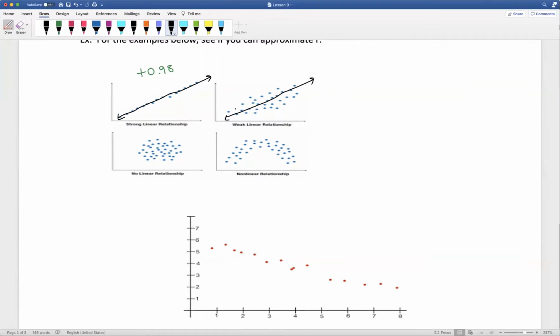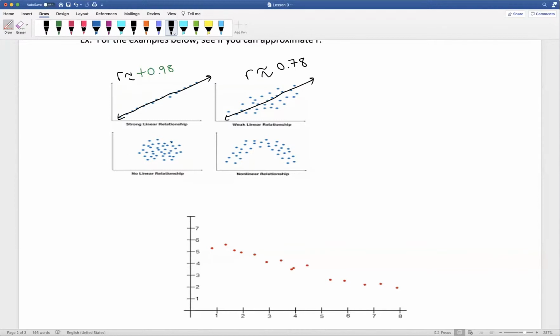Because you can see that the cloud-like structure is going up and to the right, so it's a positive slope. But, and this is approximately equal to, it's not as strong as the one before it. We would say that this has a linear relationship, but it's a weak one. It's not as strong as the one over there. So if we were to approximate the correlation coefficient, I would say a good approximation would be 0.78.